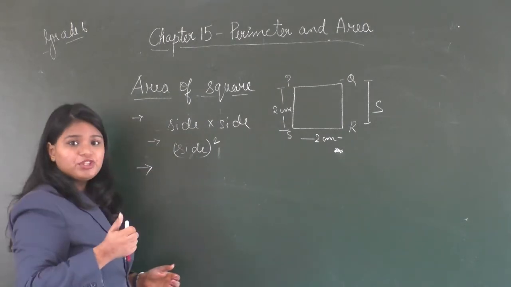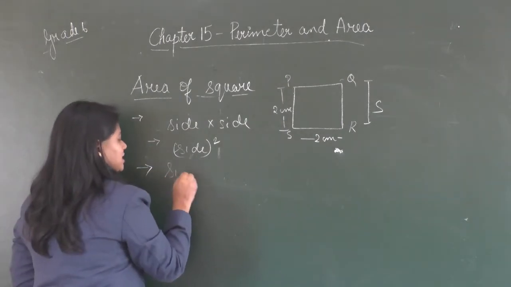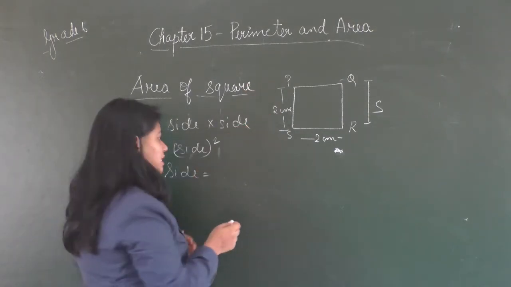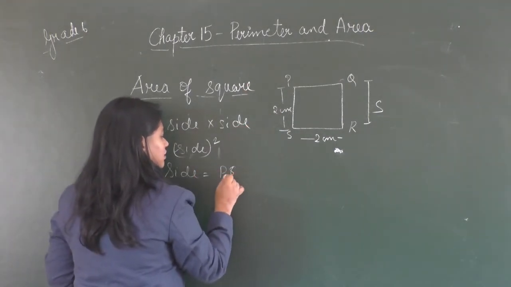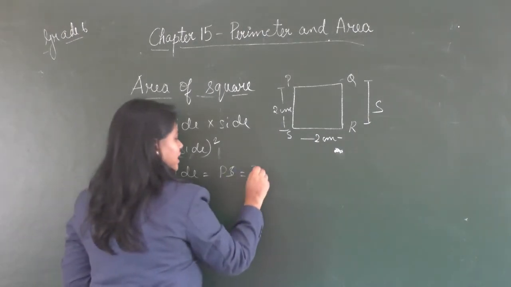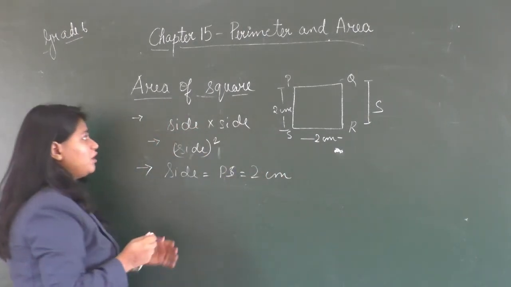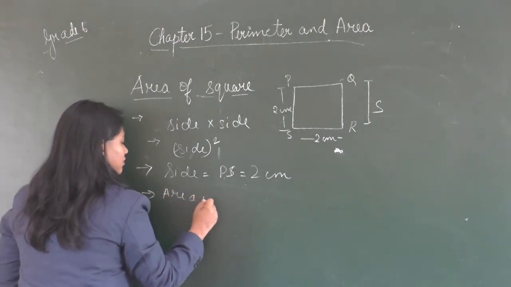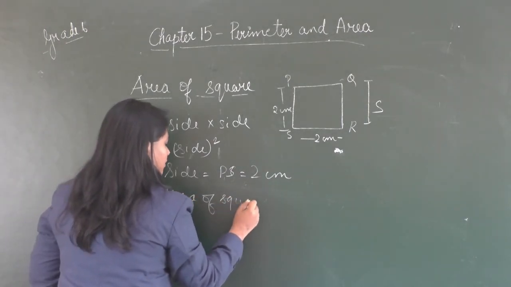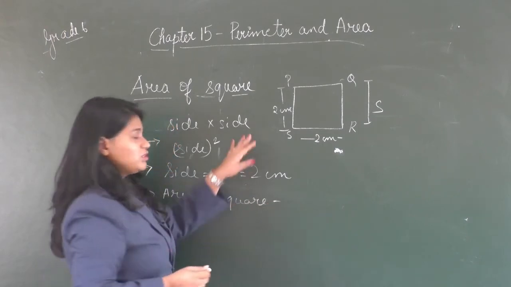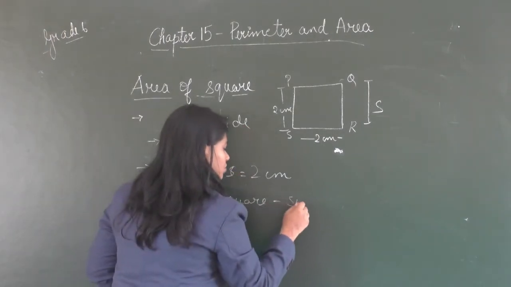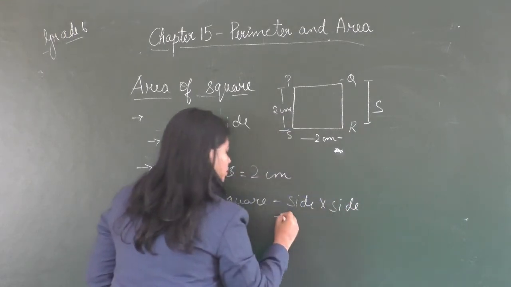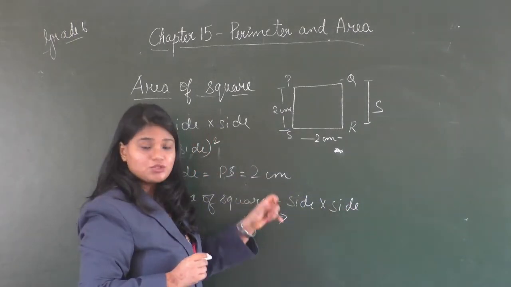So when I am solving the question, I will write side, let's consider PS as the side, is equal to 2 centimeter, and the formula for area is area of a square is equal to side into side. We know the measurement of the side, that is 2 centimeter.